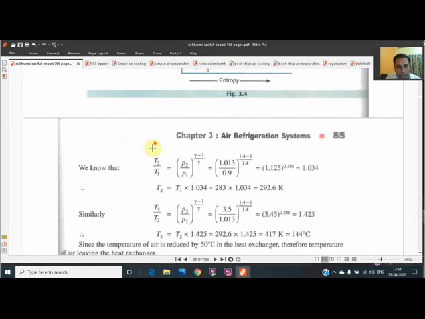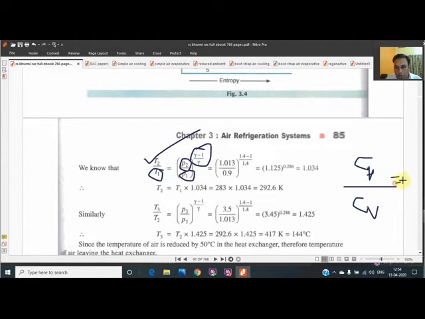Means P1, T1 and P2 are given. You have to determine T2, and gamma is known to you because gamma is Cp upon Cv, and you have to learn that by heart, it is 1.4. By this they have determined T2.